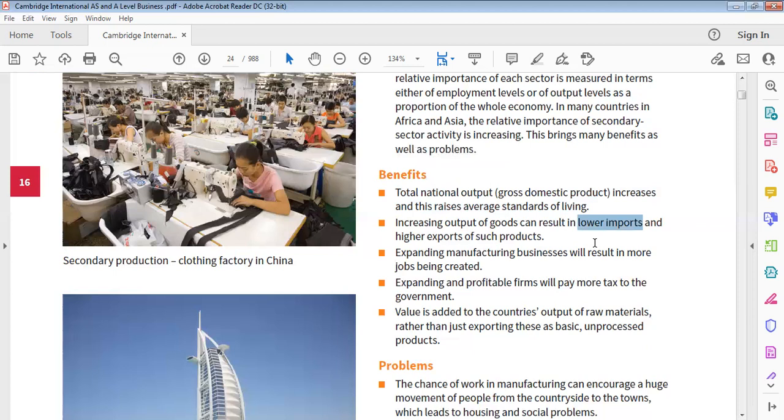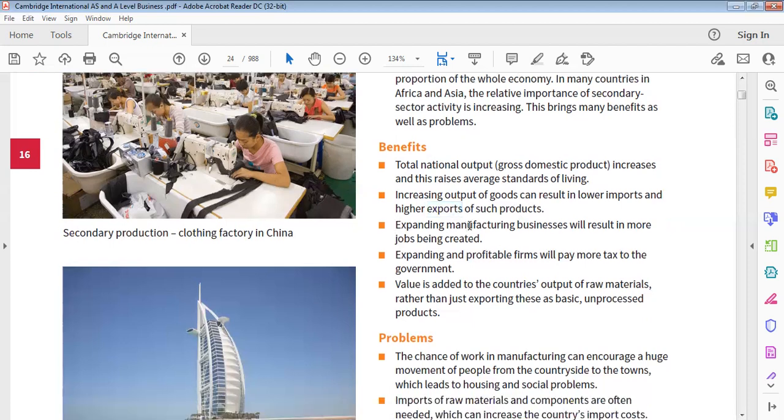So when your output is more, you don't have to rely on imports, or you can reduce your imports. And even sometimes you can export, if your quality of the car is very good. Unfortunately, India's Maruti cars are not very suitable, so they still couldn't export yet. But after some years, if they can improve the quality, maybe they will export to Bangladesh, or to Dubai.